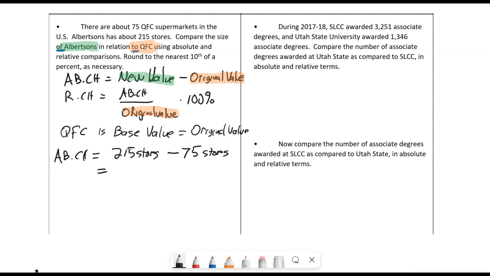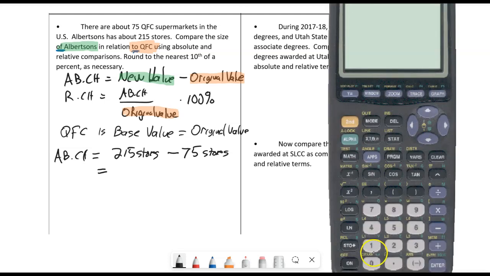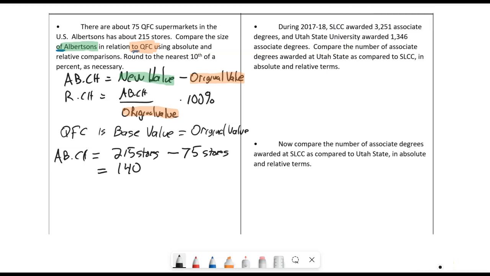And when we subtract that, 215 minus 75, 140. And stores minus stores is stores. These are like terms. So what would we say in English?